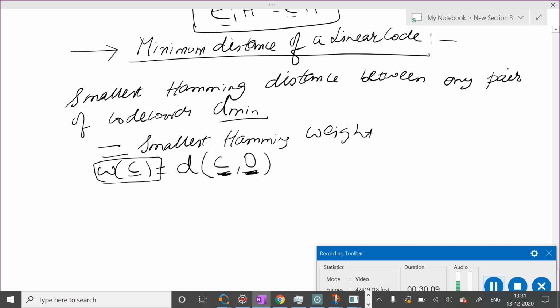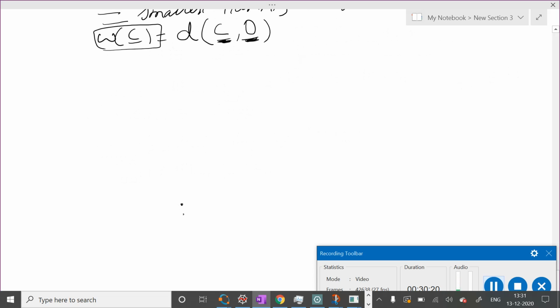Now I will realize the codes in some abstract geometrical space. Okay. Suppose here is a code word CI, and here is a code word CJ. Okay.